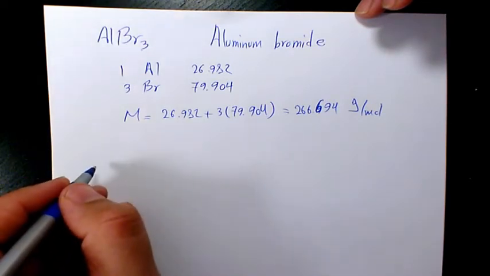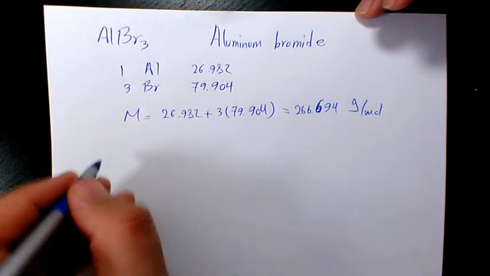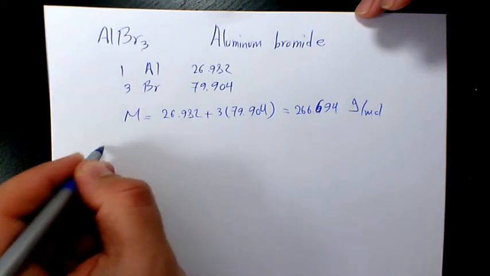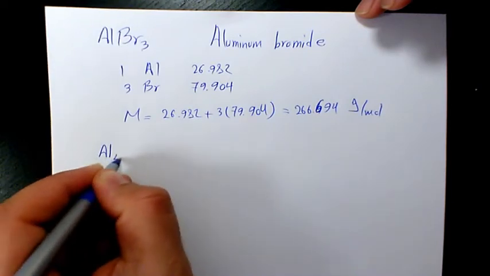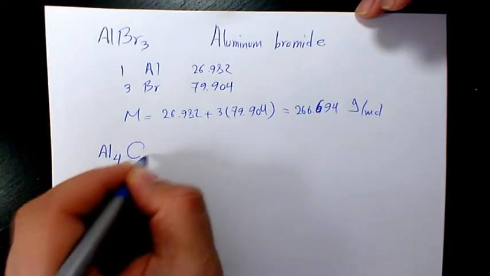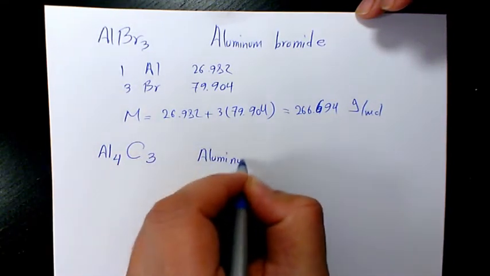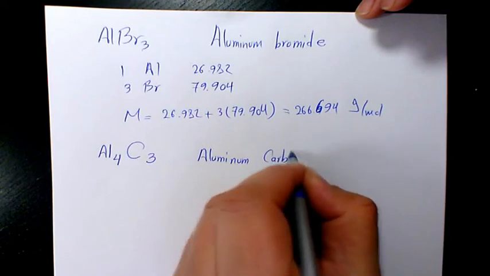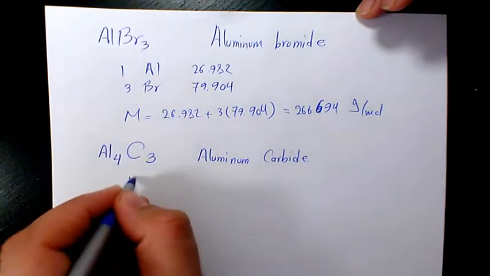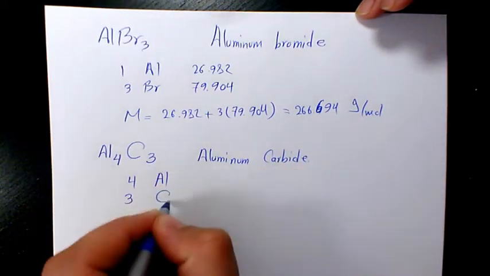Next one is going to be aluminum carbide, Al4C3. Aluminum carbide. So we have 4 atoms of aluminum, 3 atoms of carbon.